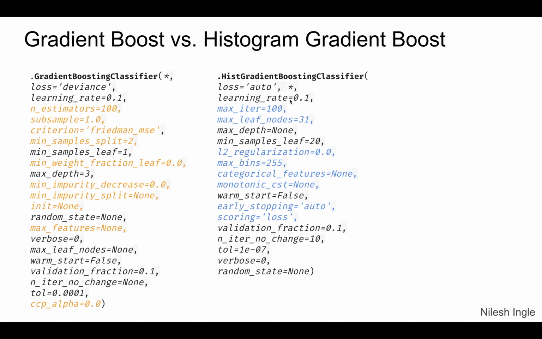And here are the inputs that go into this method. We have learning rate that we can set, and then others are similar to what we have been seeing before. The loss can be set to auto in this case, and the maximum number of bins is 255.